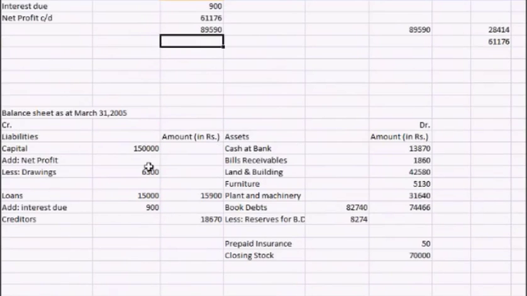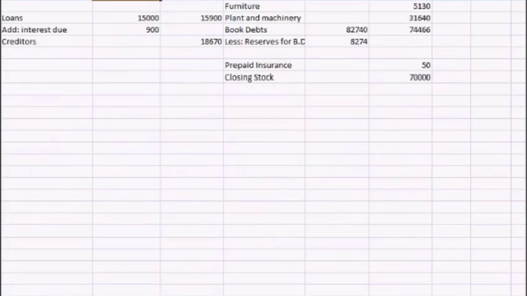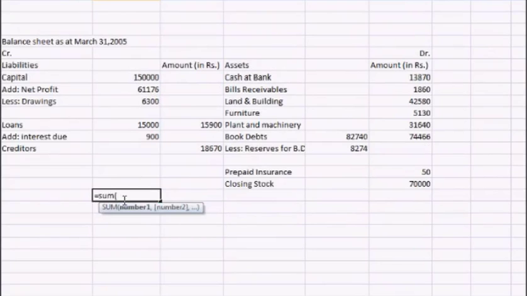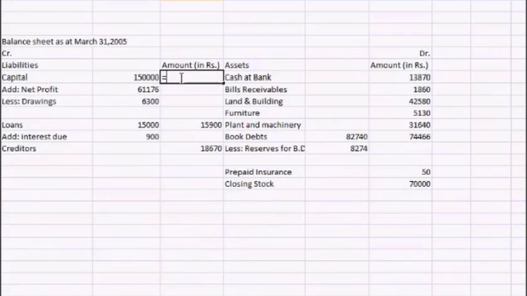So now we'll add this net profit here. Net profit is 61176. Now we'll balance both the sides. We'll take the sum on both the sides. And we haven't calculated the main sum for capital, so we'll just add the net profit and deduct the drawings.